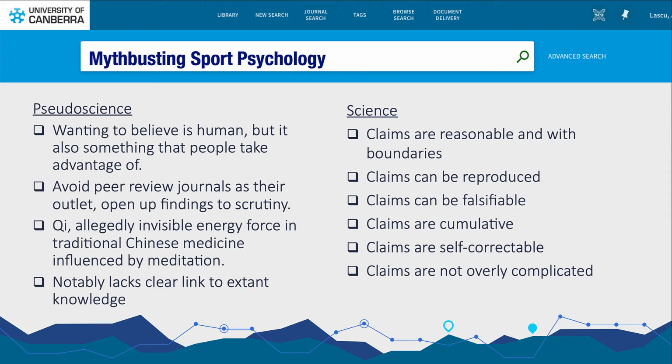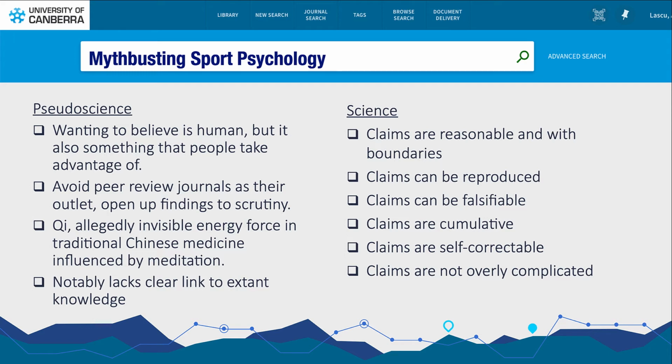As you can see, science is very much based on what we can measure and what we can see, so its claims are reasonable and within boundaries. They can be reproduced, they can be falsified, they are cumulative, so they grow over time, they're self-correctable, and they're not overly complicated. When we've reviewed models and theories in the past, these are the criteria that we've been speaking about consistently as to whether or not they are being met.